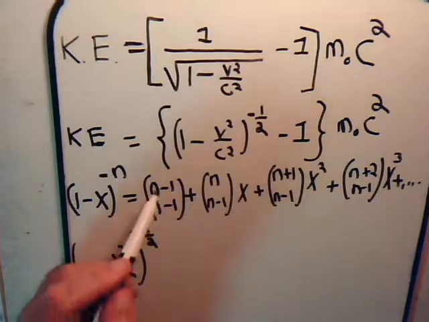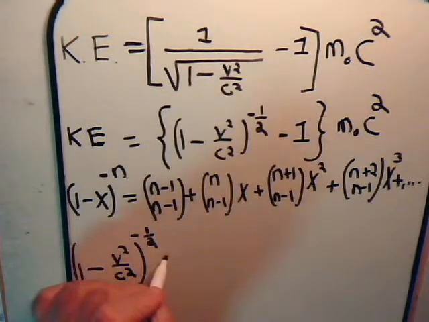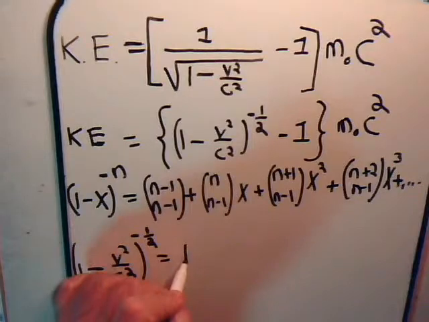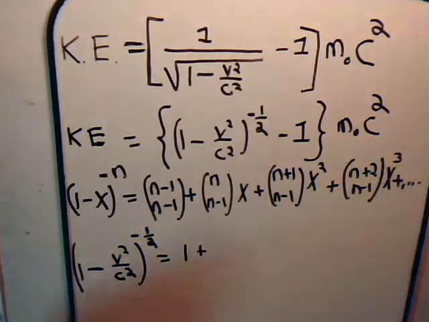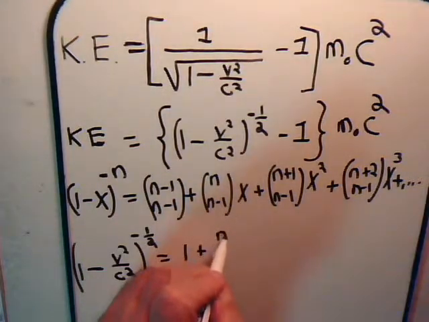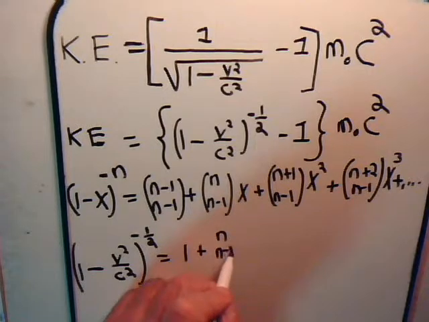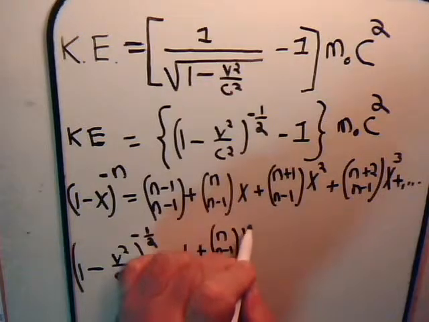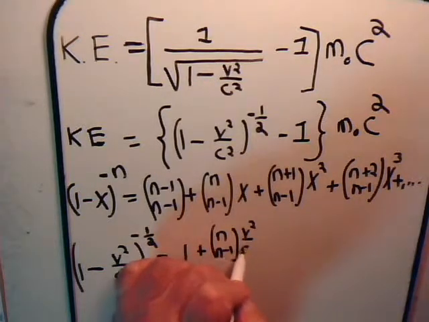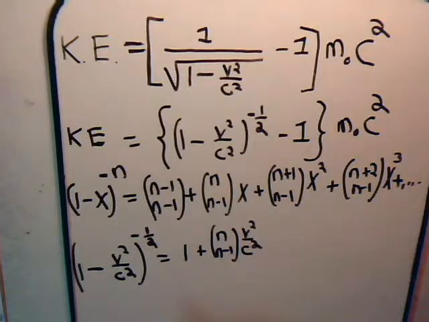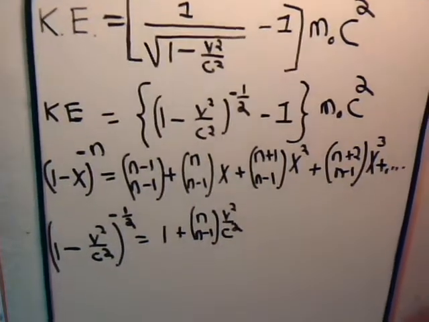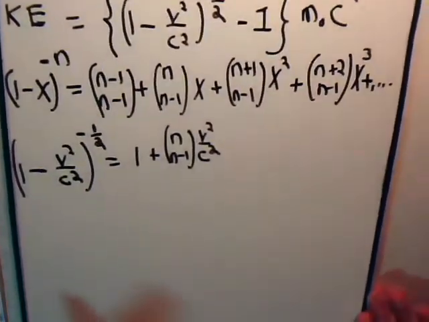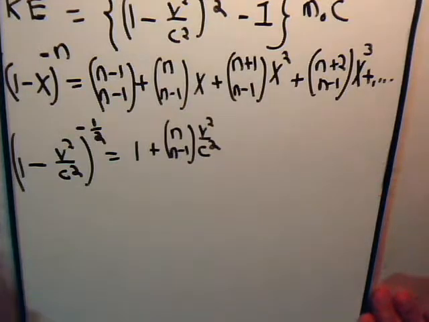So this of course is just 1 plus, and here we'll just say n over n minus 1 times x, which will be v squared over c squared.